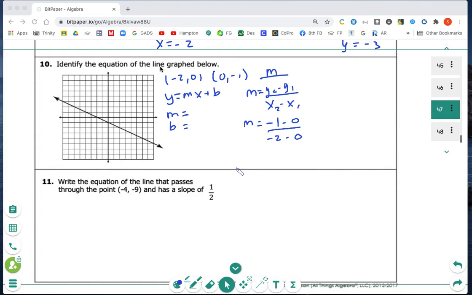So I have negative 2, 0 is my ordered pair, and 0, negative 1. All right, so I have x1, y1, x2, y2.